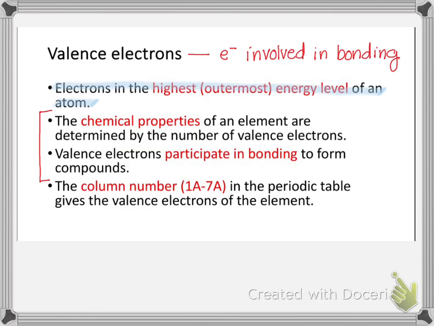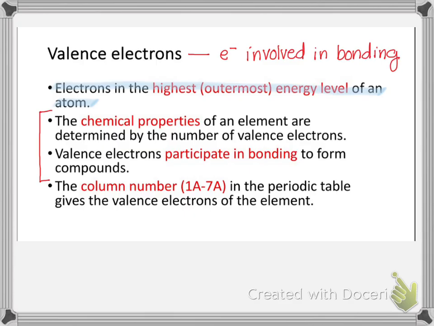And what's kind of cool, and we'll do a lab, is that groups of elements that have the same number of valence electrons tend to have similar chemical properties because it's all driven by their valence electrons.